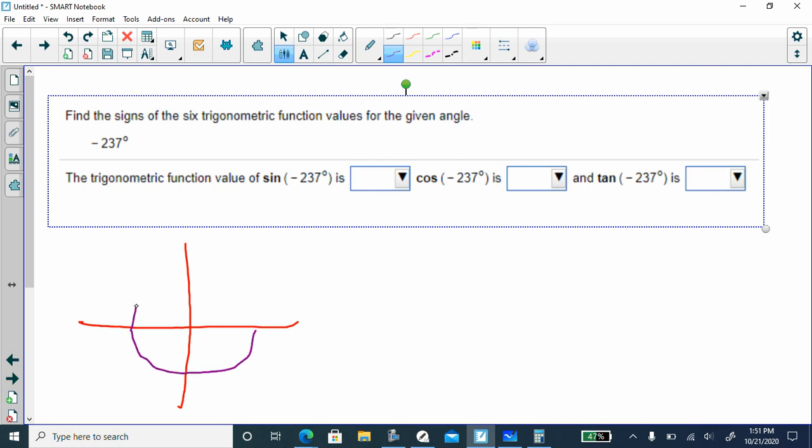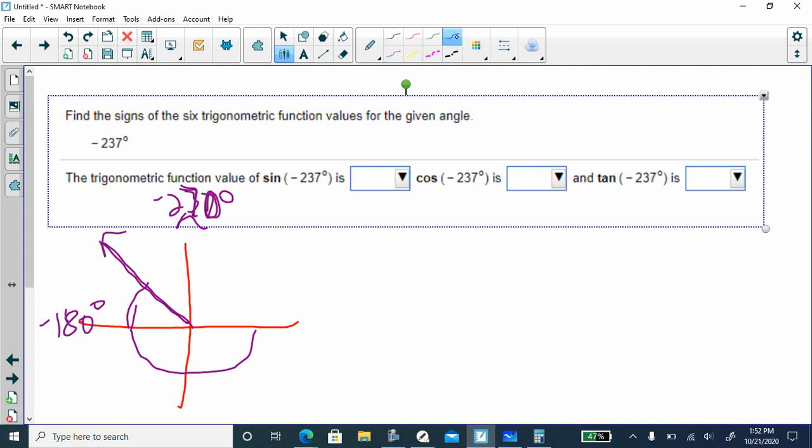If we went all the way to this direction, that would be negative 270. So negative 237 is before we get there. This would be negative 180 degrees, and this would be negative 270 degrees. So negative 237 would be in between there.